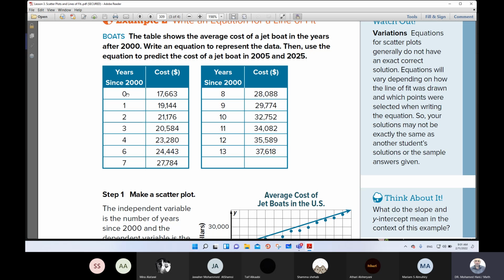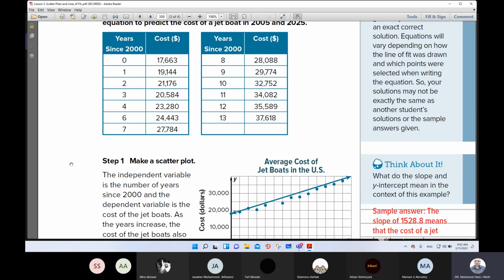So at 0 years, the cost is about 17,663. And we have 1 year, 2 years, 3 years, etc. And this is the value. For the second table, the same idea. We have here the years and here the costs. Each two values represent a point, so we can draw the graph.